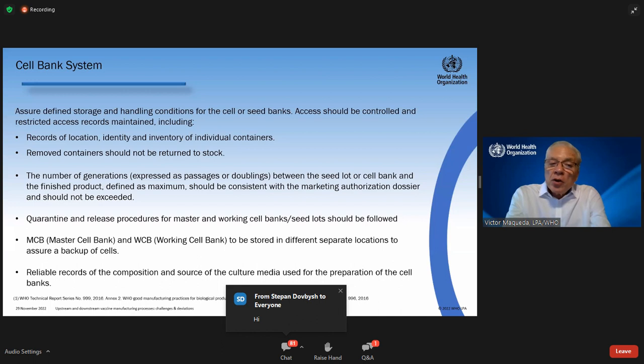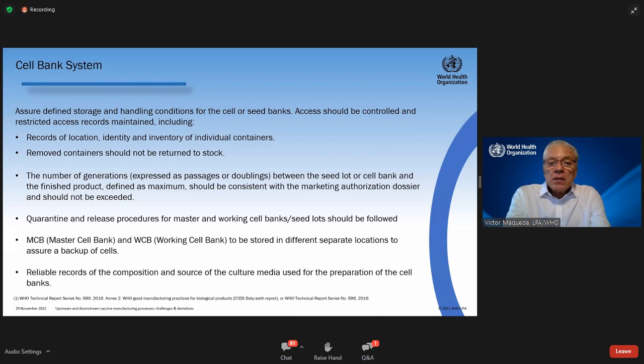This is very, very critical because any violation or excess in the passages would possibly alter the genetic characteristics of the cells. And that might not even be detected immediately by the testing. So it's very important to have this under control.